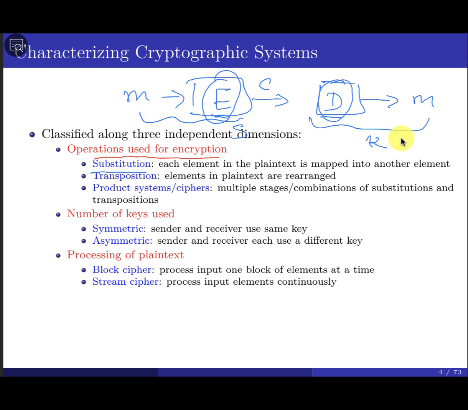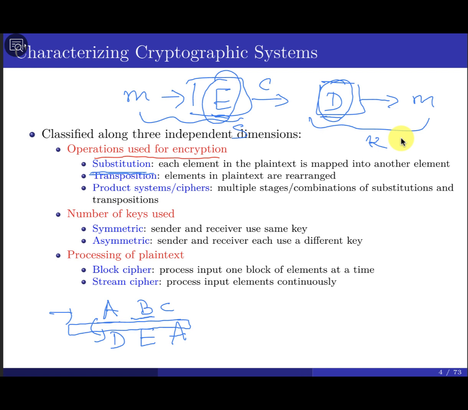For the simplest example, let's say we have A, B, C. If the plain text has A, I'm going to map or substitute it with D. If the message has B, I'm going to substitute it with, let's say, E. If C, maybe I'm going to substitute it with A. You see, letter by letter. Of course, it's not always letter by letter; maybe two letters, or it may be done in different ways. That's the substitution technique. Clear?